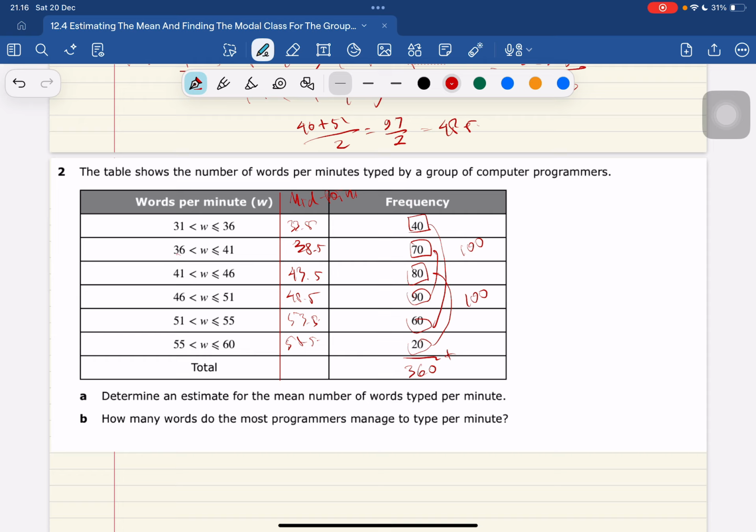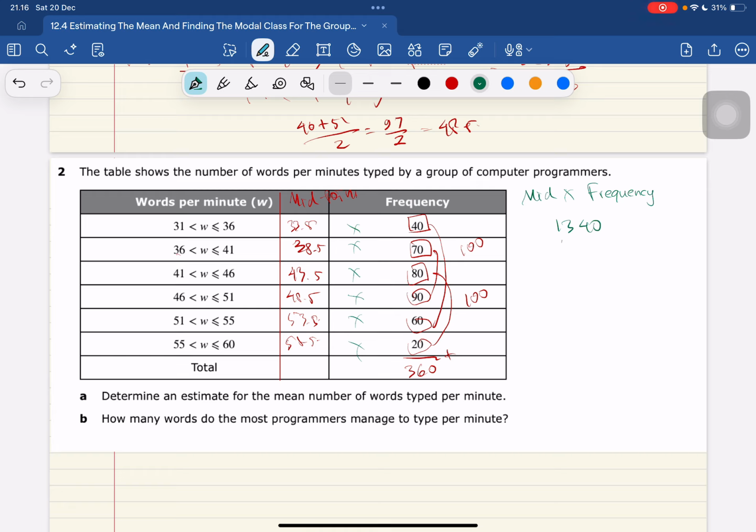Now we need to find the midpoint multiplied with the frequency. So we got 33.5 times 40. So this is just multiplication. I will just write the answers. So 1340.